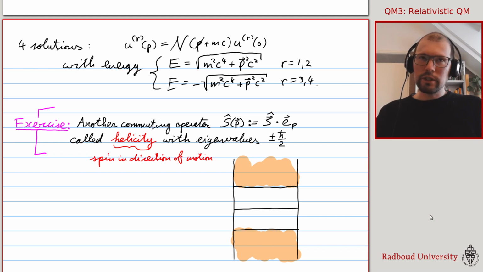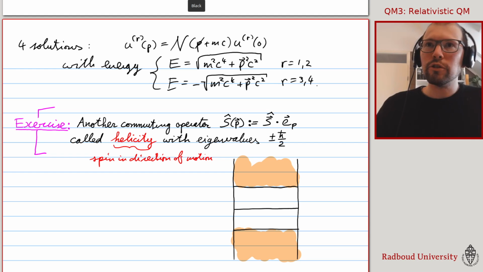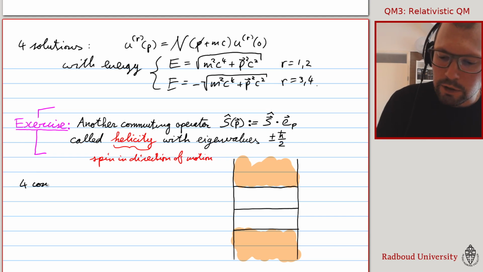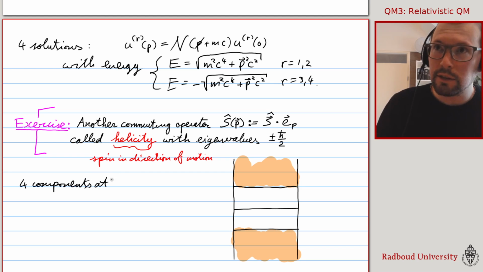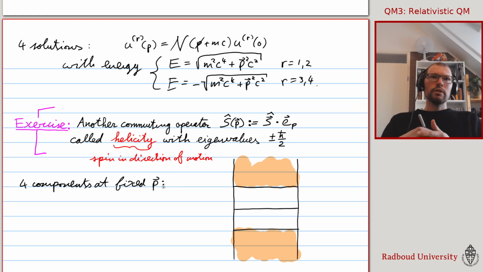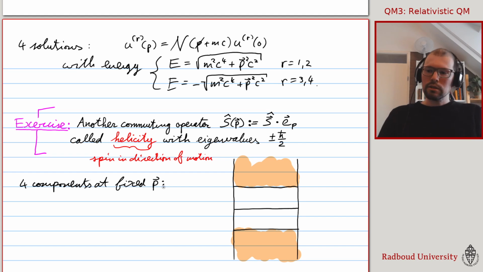So now it should be clear how to distinguish these 4 different solutions, or the 4 degrees of freedom we have for each momentum p. So the 4 components at fixed spatial momentum p correspond to having positive energy, negative energy, positive helicity, and negative helicity.